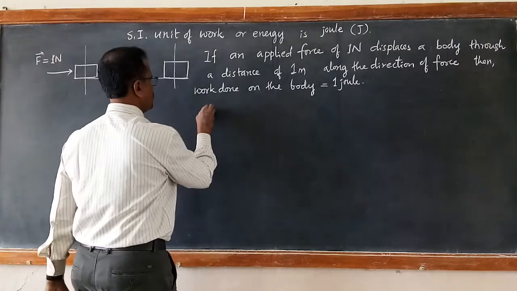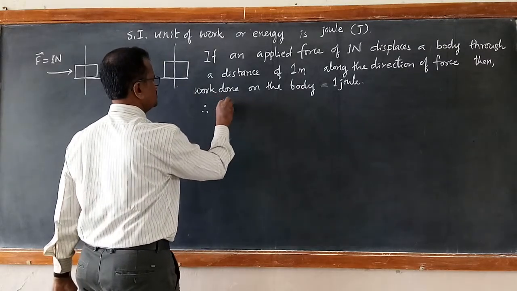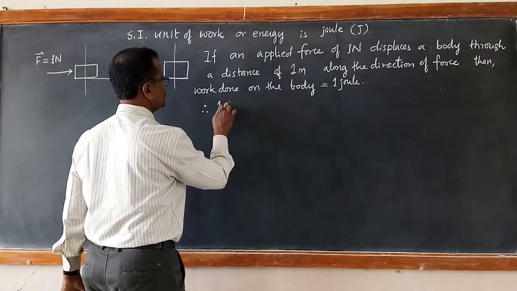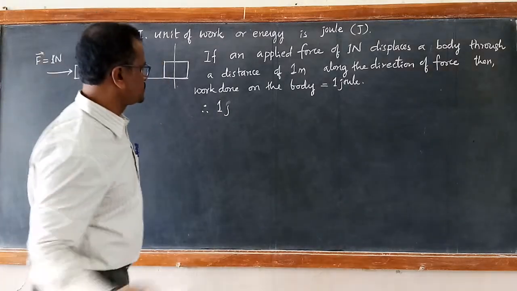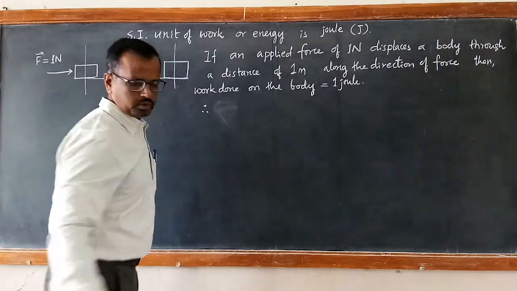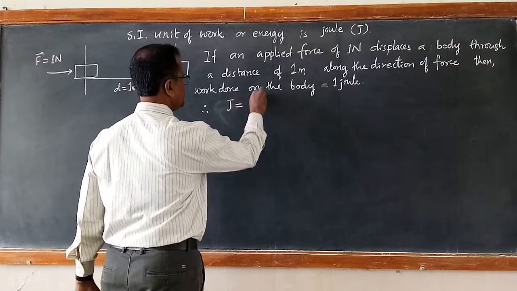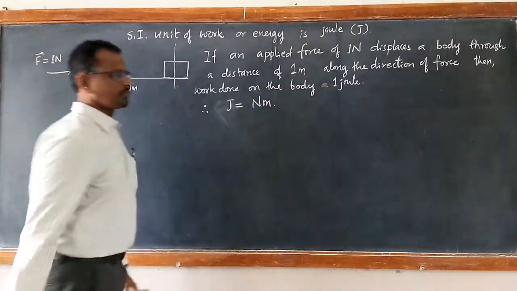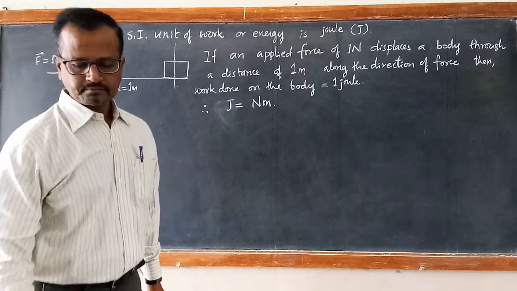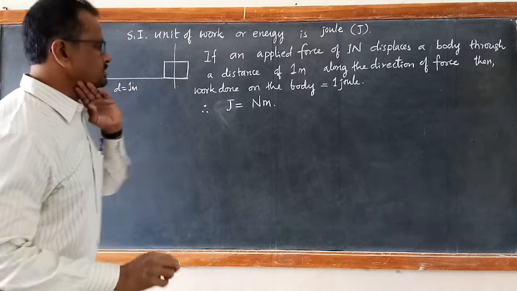Therefore, 1 joule, in short we write capital J, is equal to 1 Newton meter. Then this is the SI unit.